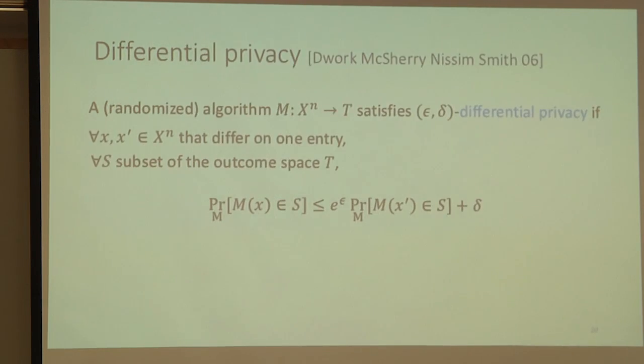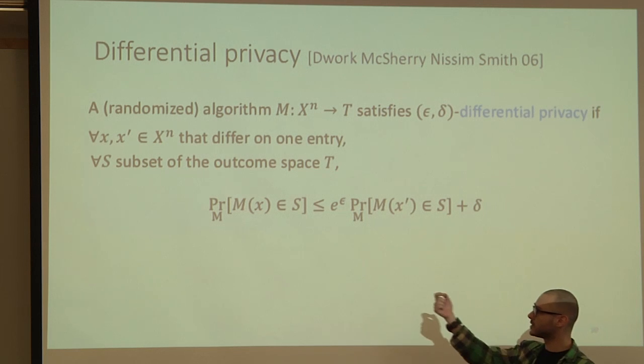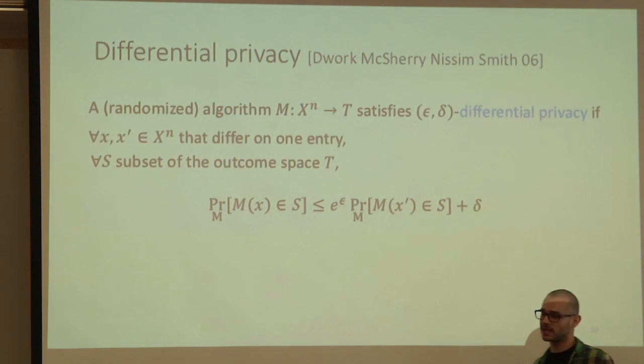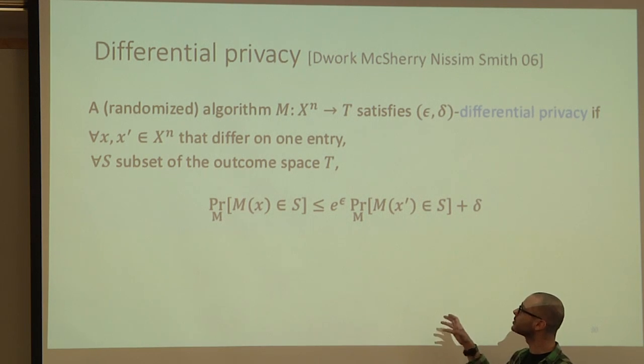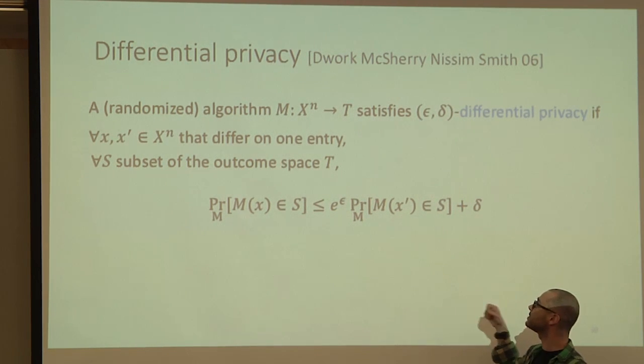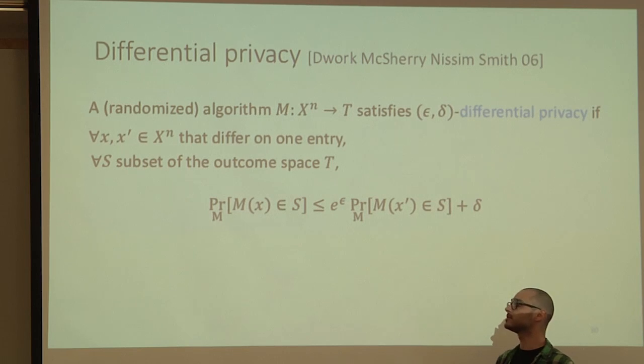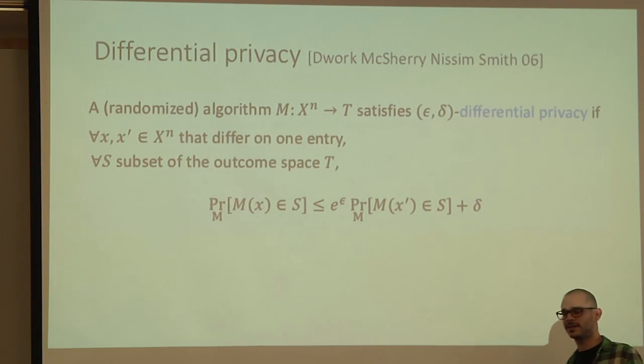Differential privacy in general says that a randomized algorithm M satisfies (epsilon, delta) differential privacy if the probability that M, receiving our original data set as input, produces an output is almost the same as the probability of producing the same output if this mechanism received as input a data set where one record was missing.